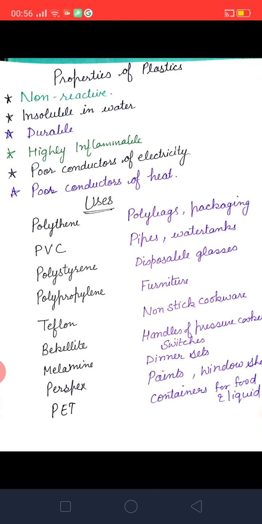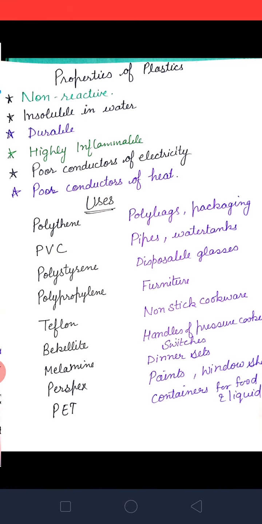Then the uses of plastic. Plastics are used in every domain of life because plastic is very cheap. Everybody can purchase it, and there is not much alternative to plastic.